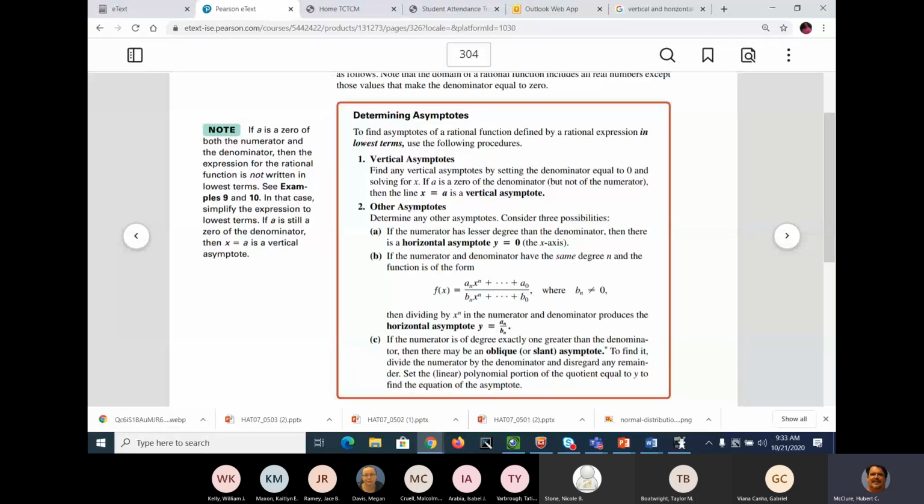Well, there's three categories. If the numerator has a lesser degree than the denominator, then you just use y is equal to 0 as the horizontal asymptote. If the numerator and the denominator are the same degree, you just use the coefficient.